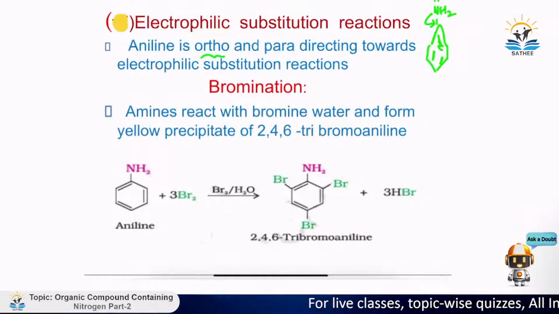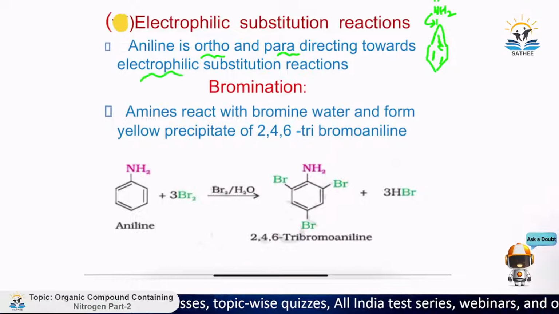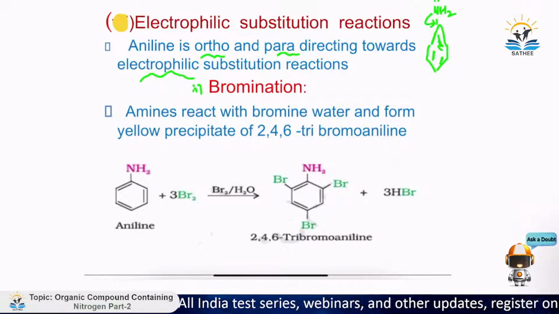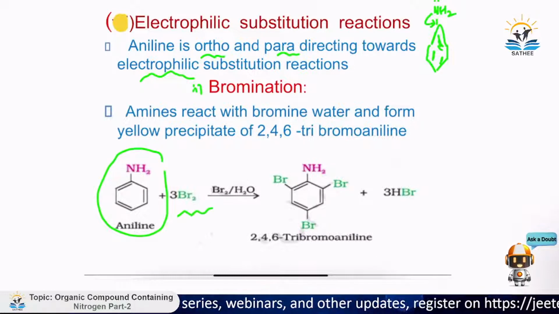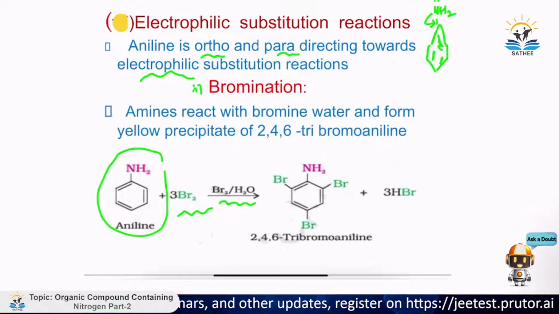So whatever are the electron donating groups, they are ortho and para directing towards electrophilic substitution reaction. This is the first thing that we have to remember, that they are ortho and para directing electron releasing groups or electron donating groups. So first comes the bromination reaction. So what do we have to remember? That aniline is there. What reagent will be given to us? Bromine and water will be there.